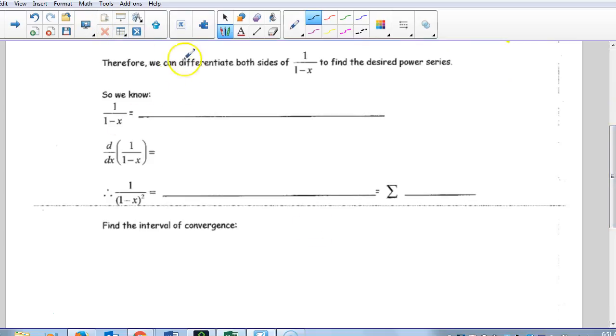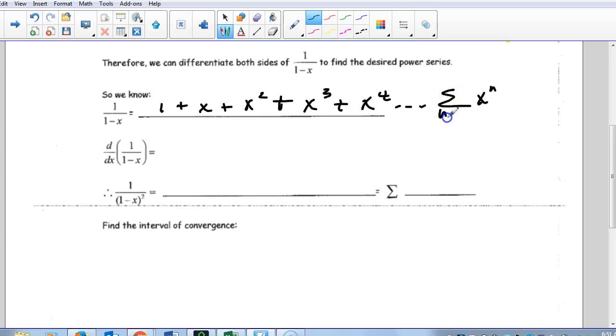We know that 1 over 1 minus x, my friend, is 1 plus x plus x squared plus x cubed plus x to the 4th. We did that the very, very first page, so if you've already forgotten where in the world that came from, go back to the very beginning, and we proved that at the very beginning, x to the n from 0 to infinity. Well, I'm going to take the derivative of that, and I do it term by term.